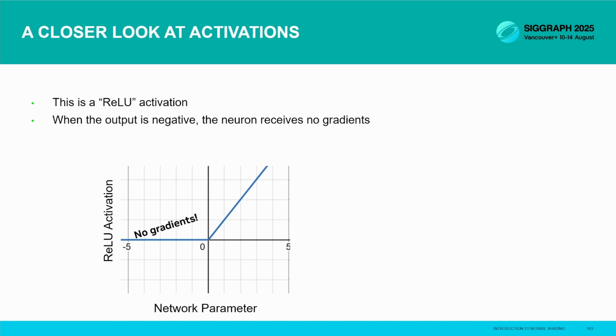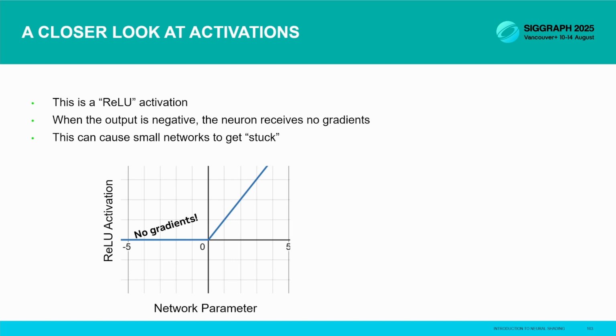That means the derivative, the gradient, is 0. If you're particularly unlucky with your initialization, and for any input the output of the network layer is negative, all of its derivatives are 0 all the time, and it never receives any updates at all. It gets stuck in this initial state and doesn't progress.